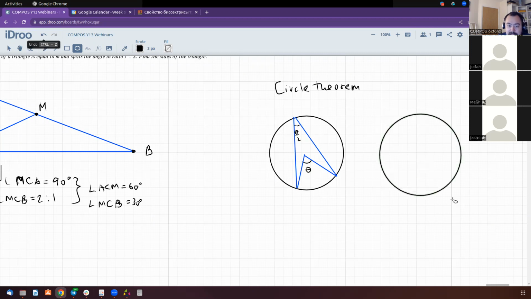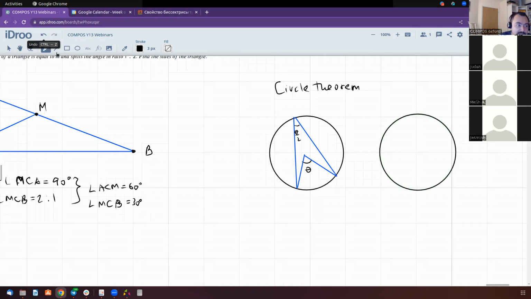So if theta is 180 degrees, then this angle is going to be theta over 2, which is 90 degrees.